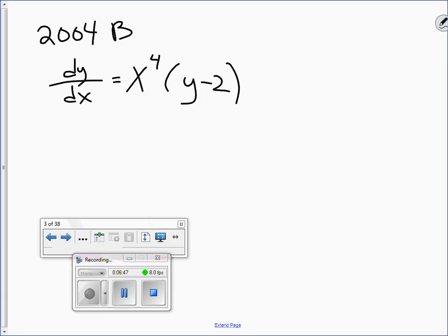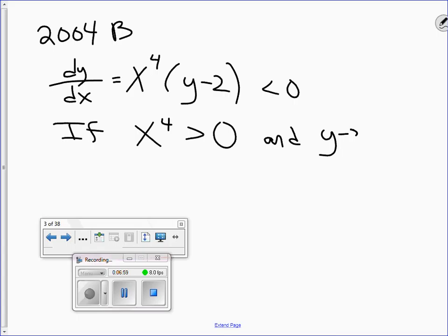And the second factor, the y minus 2, is negative. Does that make sense?